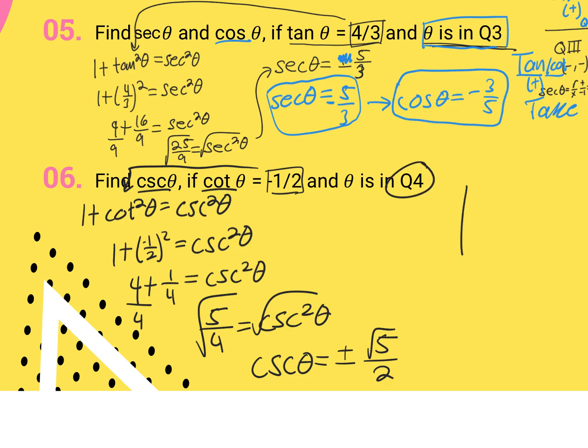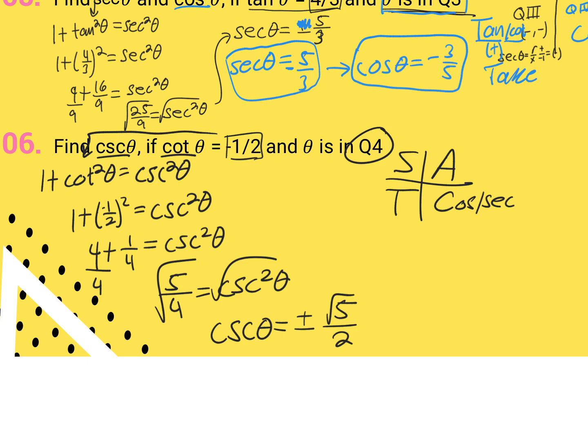Since we're in the fourth quadrant, again, think about all students take calculus. In the fourth quadrant, it's just cosine and secant that are positive. Cosecant is not one of them. So I'm going to scribble out the plus. It's just negative. So cosecant of theta is negative square root of 5 over 2.